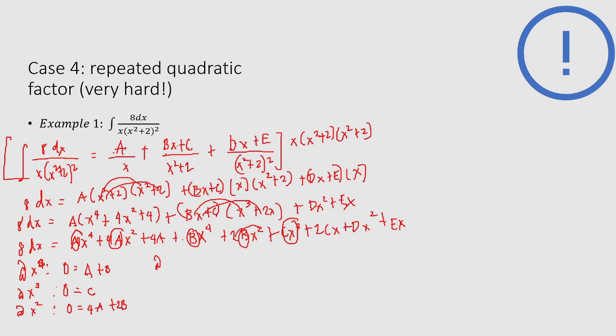And then at x to the power of 1, that's 0 equals 2C and E.